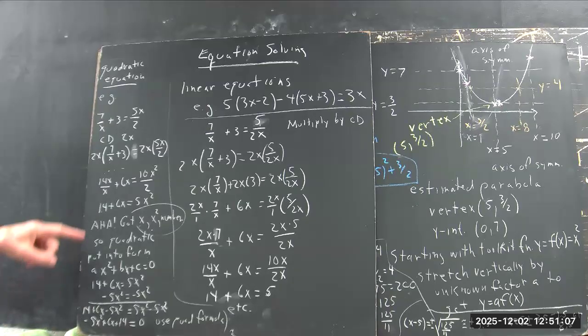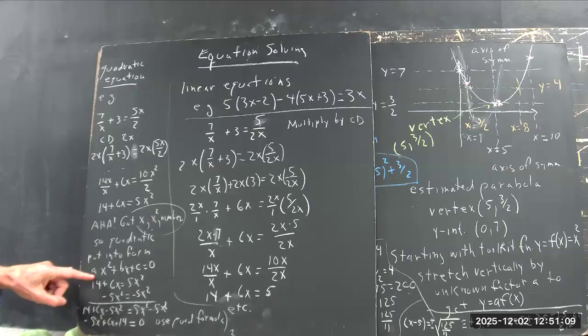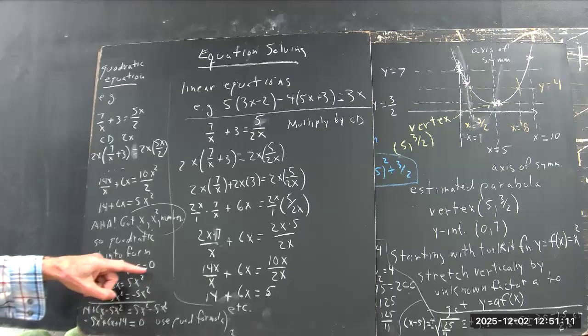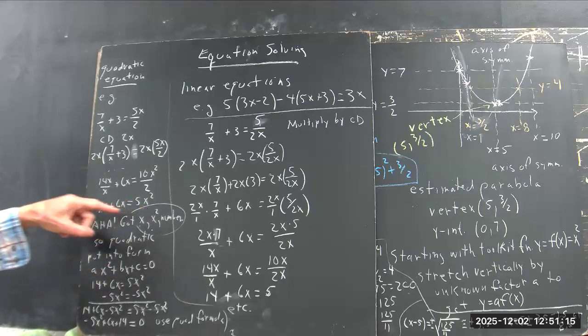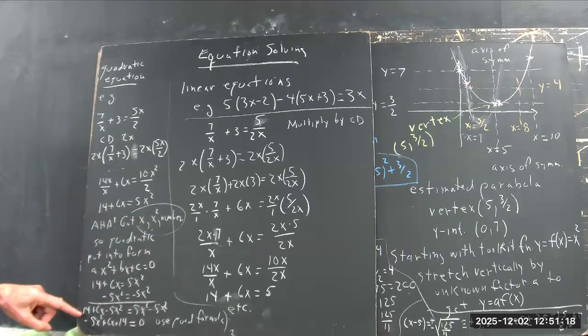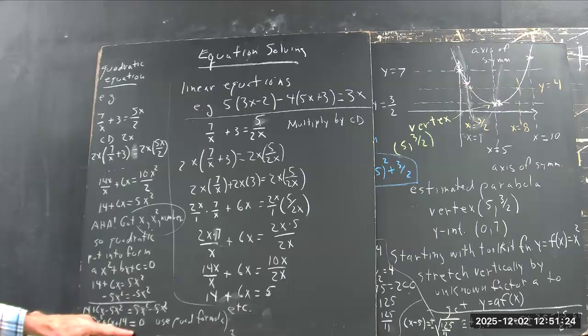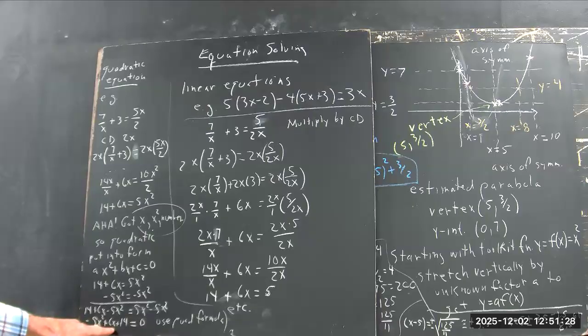So this can be rearranged into the form ax squared plus bx plus c equals 0. So we rearrange it just by subtracting 5x squared from both sides. We get this equation. And we could try to factor that. I don't think it's going to factor, but maybe.